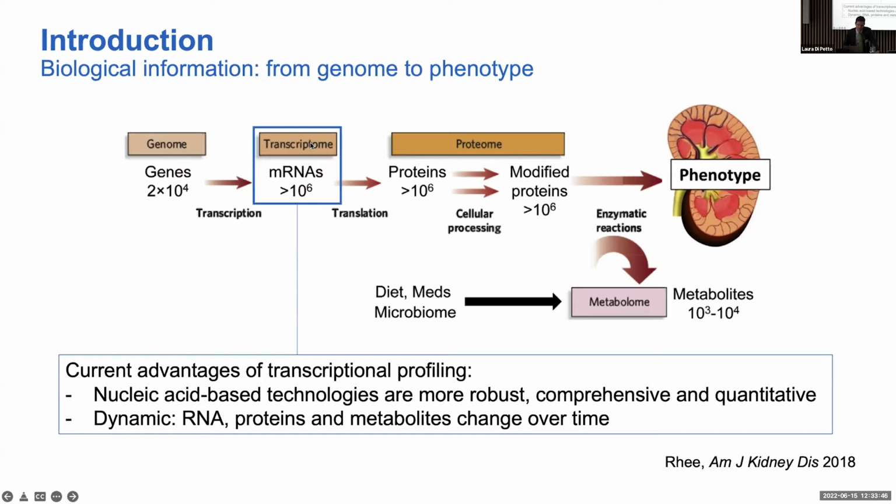The first is that currently available technologies are particularly powerful in analyzing nucleic acid-based information. In this way, it's much easier to get robust, comprehensive, and quantitative data. But obviously RNA is much more dynamic and regulated compared to DNA, and therefore this is probably more meaningful information for the majority of diseases.